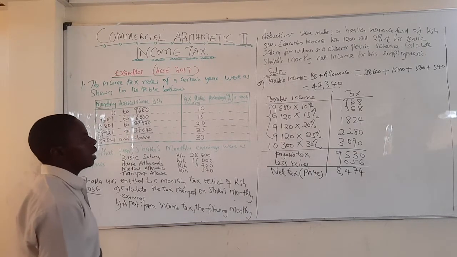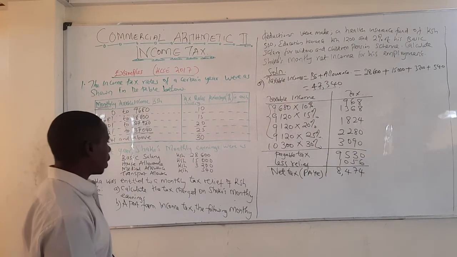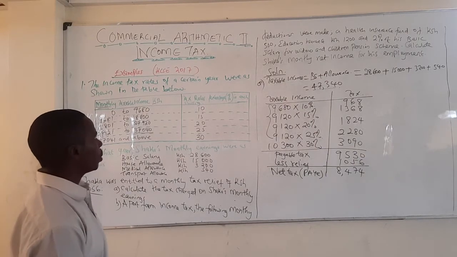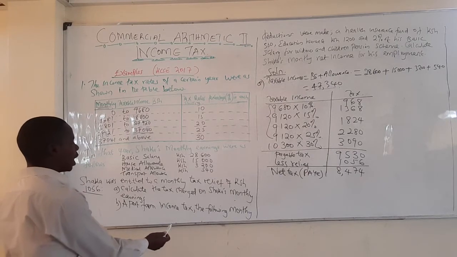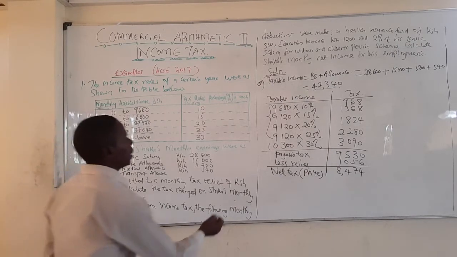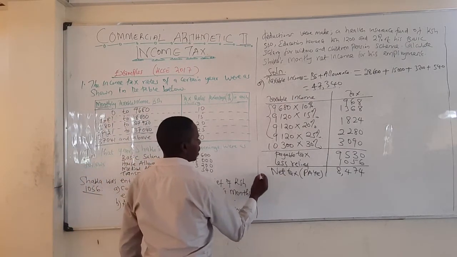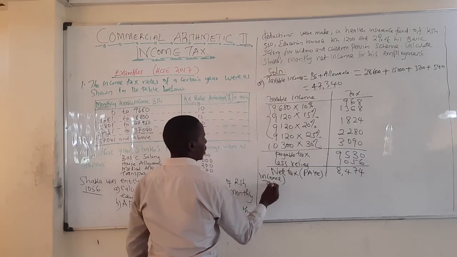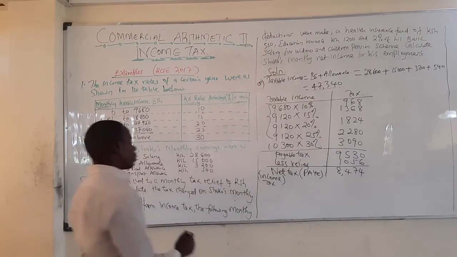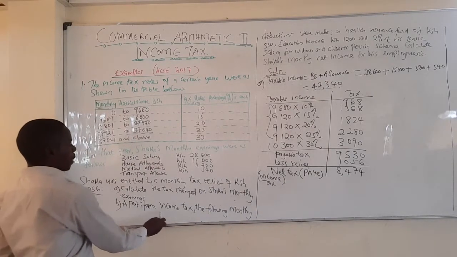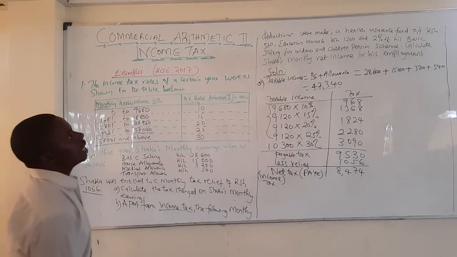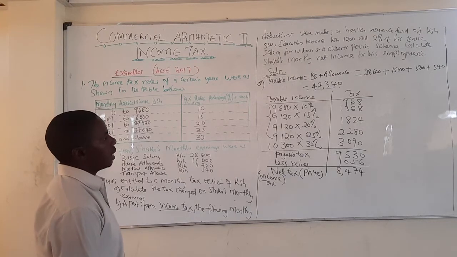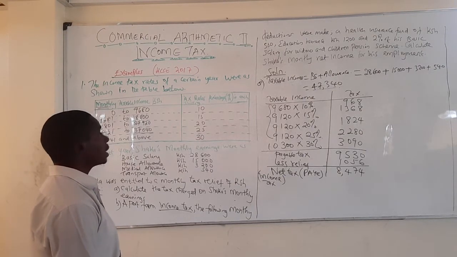And let's look at part B of the question, where we are told that apart from the income tax, so this is the net tax or just the income tax, we have other deductions that are made on this Chaka salary.